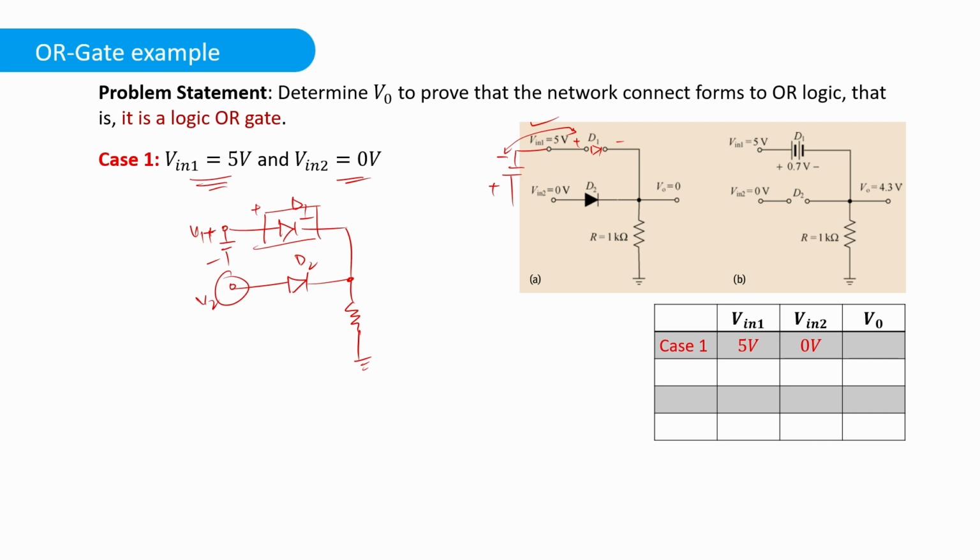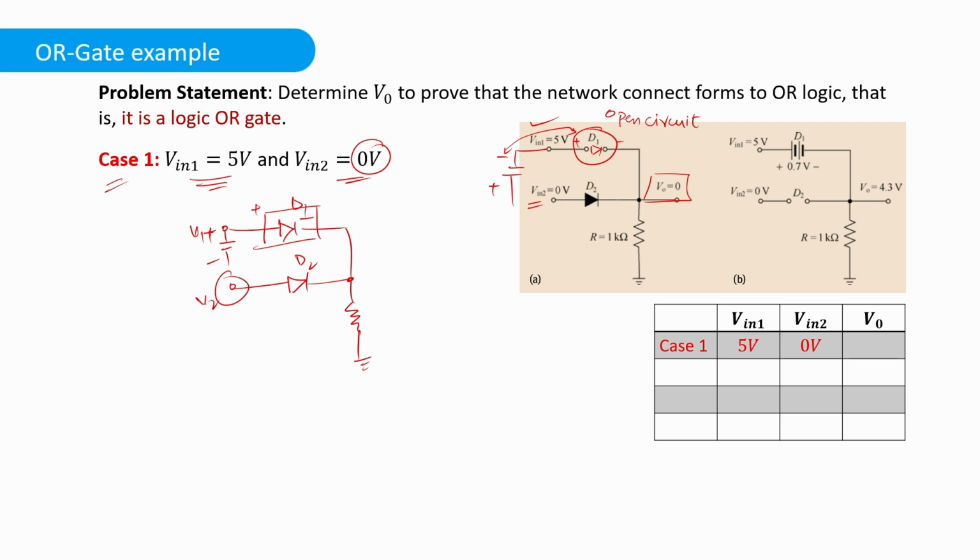So when there will be no flow of current, it means we will have an open circuit over here, right? And for the second input, we already assume that there is no voltage applied to it because we are talking about case number 1. So if there is no voltage, of course, there will be no flow of current, and we will have an output of 0 volts.